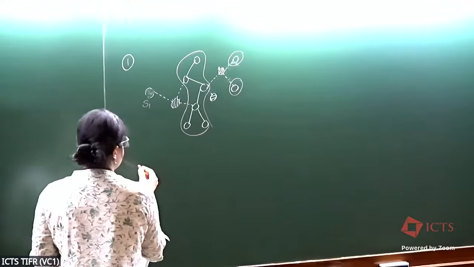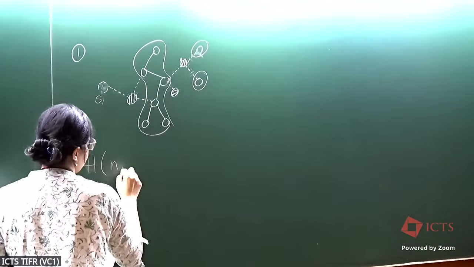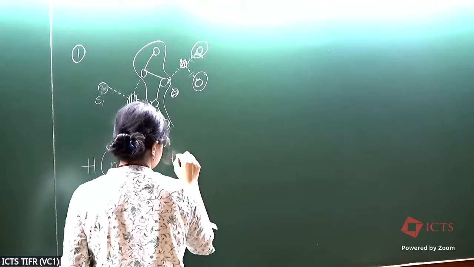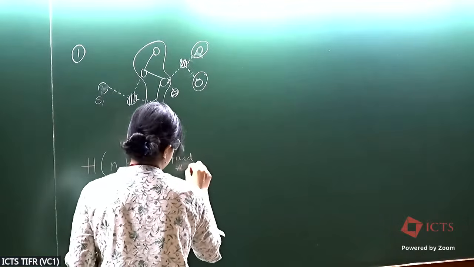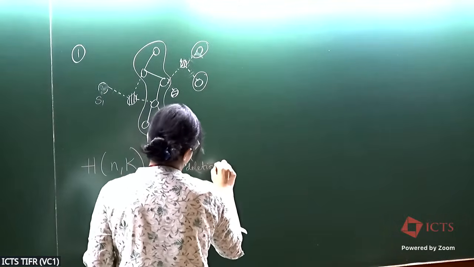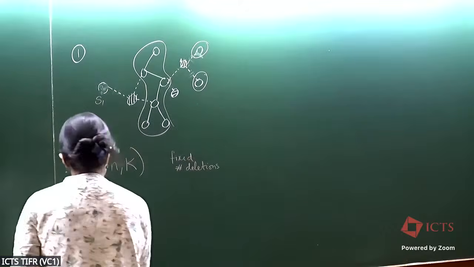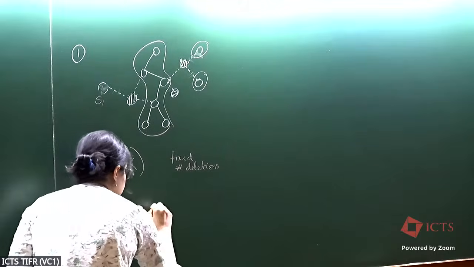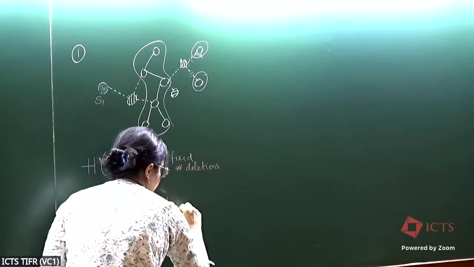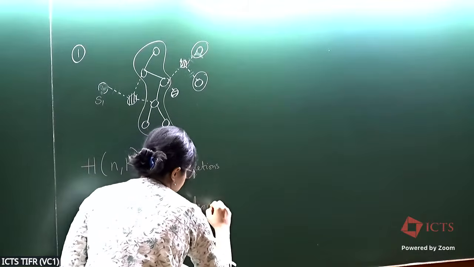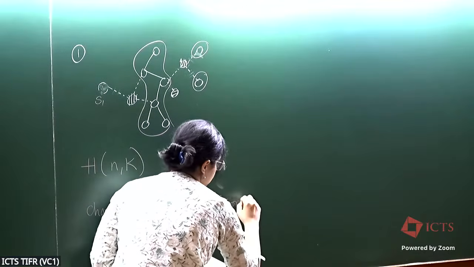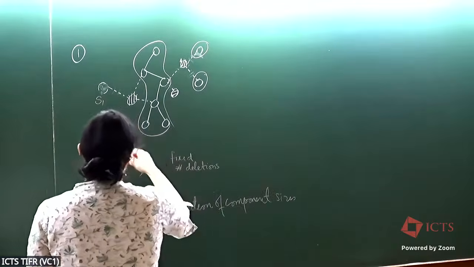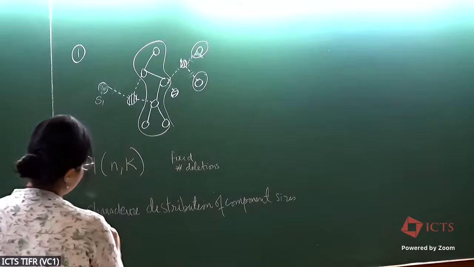So if your H and k was the object you began with, and there was a fixed number of deletions, or you could even think of this as a fixed fraction, could you characterize the distribution of component sizes or some approximation of it? Because these sizes actually have connections with partial sums that are revealed, and I think it would be really cool.